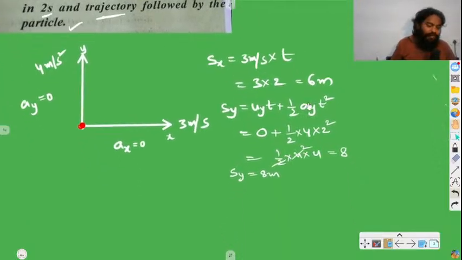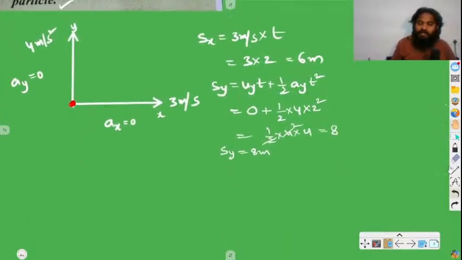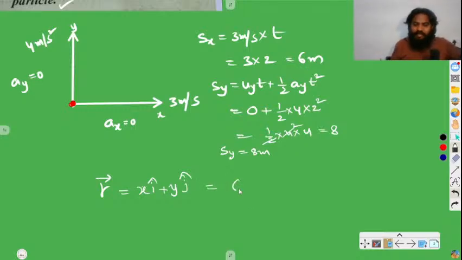So here you got the sx value and the sy value. Now the resultant displacement, if you want to write it in vector form, is x i cap plus y j cap, right? This is the vector form. Means what x value we got along the x-axis, 6 meters, so 6 i cap plus 8 j cap, right?